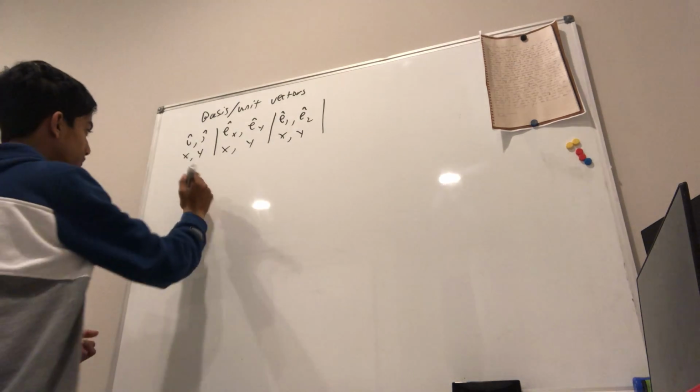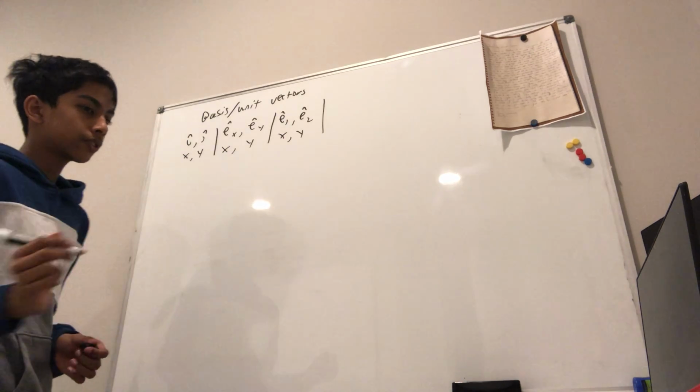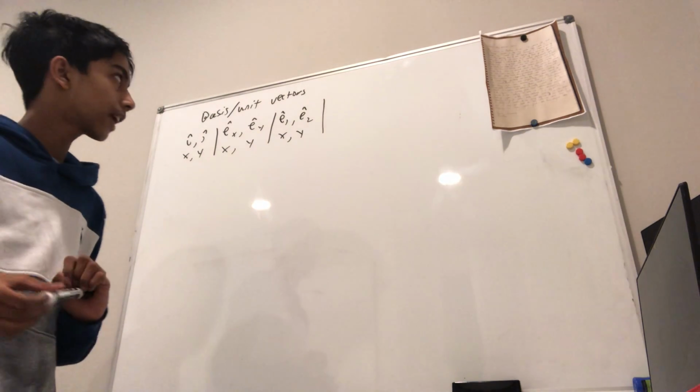Basically, the unit vector is the directional component the vectors actually have.